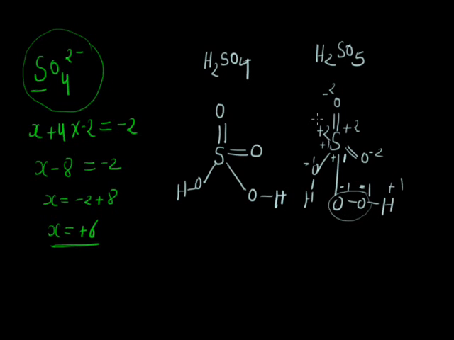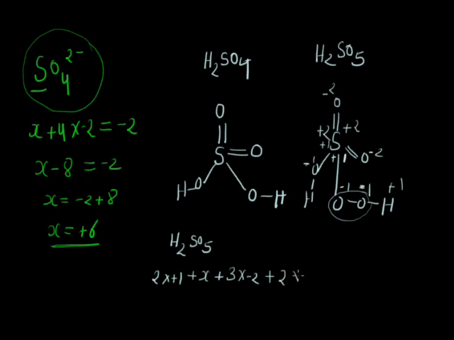Now we calculate by using the formula. In H2SO5, 2 hydrogen, 2 into plus 1, plus x, plus, out of 5 oxygen, 3 oxygens are normal oxygen. So 3 into minus 2, but 2 oxygens form a peroxide bond. As we know, for peroxide the OS becomes minus 1.